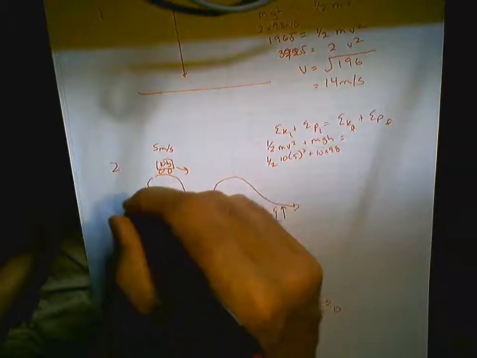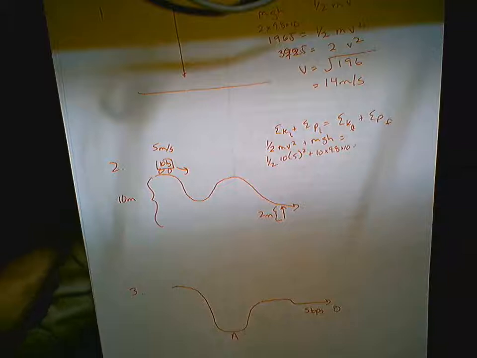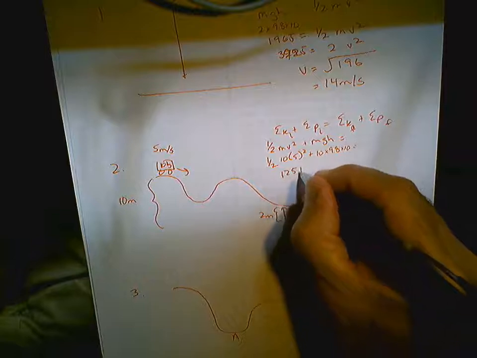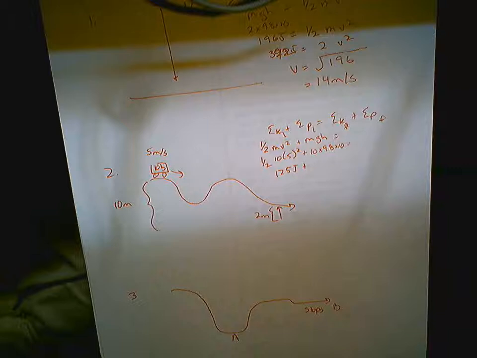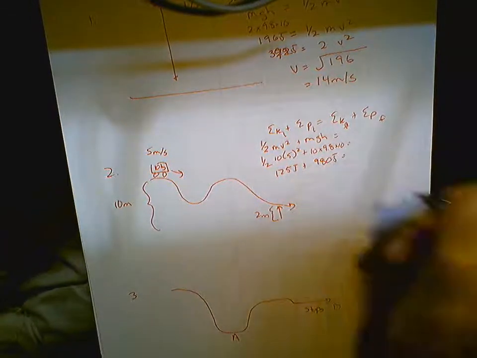Let's say the total height there is 10 meters, times 10. I'm doing the math pretty quickly here. I've got 25 times 5 is 125 joules, plus I've got 98 times 10, which is 980 joules.